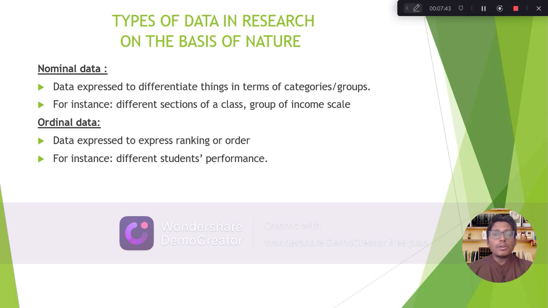And if any data expresses order or rank, like if I take students' performance and assign some ranks or grades, like students who got 70 to 79 marks out of 100 are given a grade of A, and students who got 60 to 69 marks out of 100 are given a grade of B. So it means I am assigning ranks to the data.